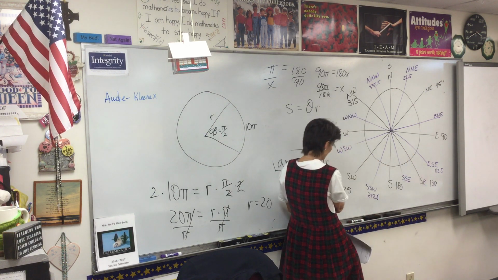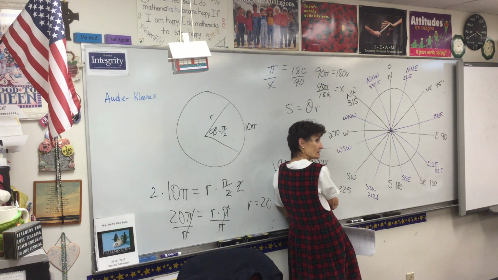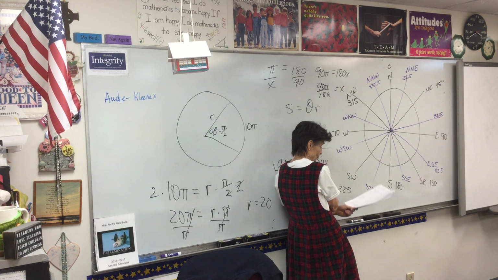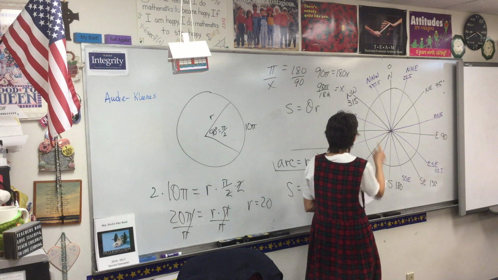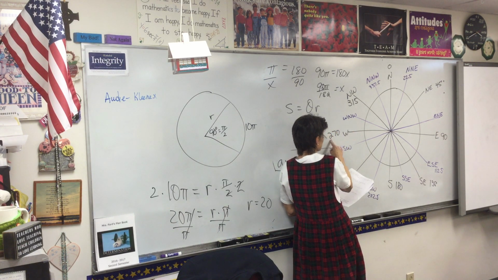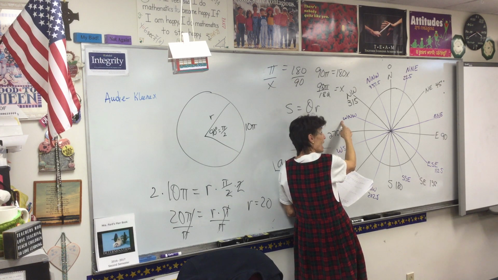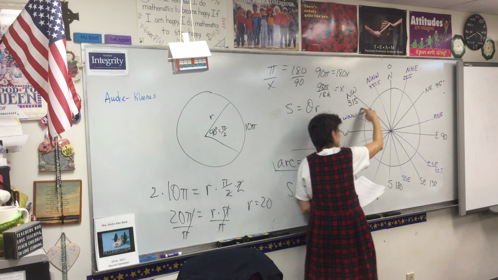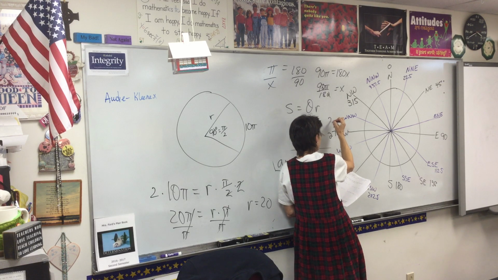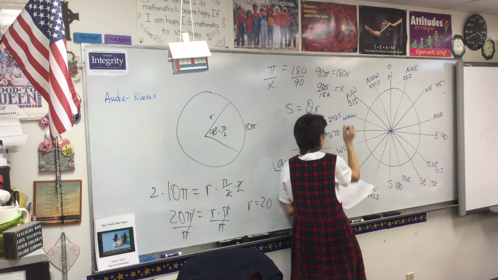Southwest, well, that's an easy one. Southwest, I already have marked. It's 225. West, northwest: take 270 and add, what did we say we added for each one of these? 22 and a half. So what is that? 292.5. Did I add right?